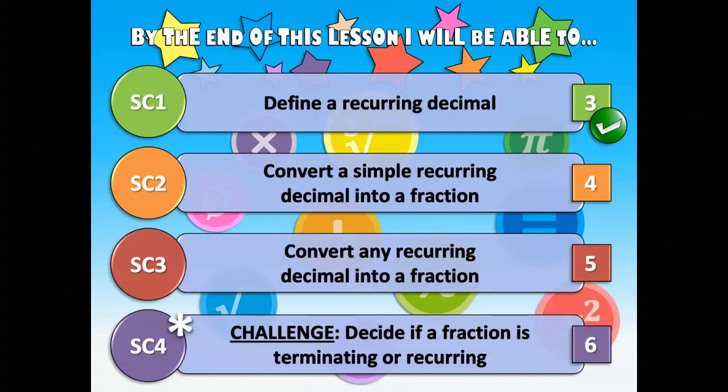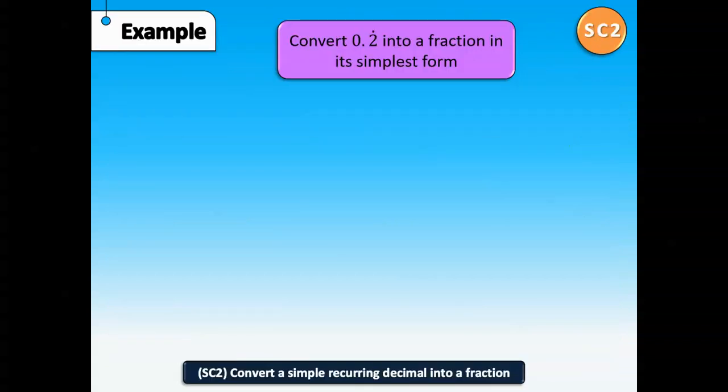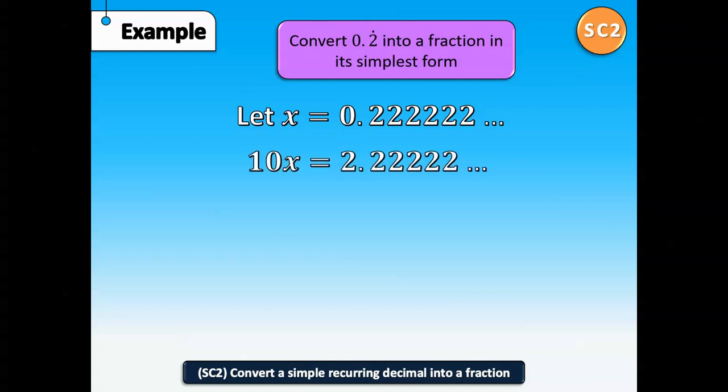So now we're going to move on to number 2, and this is to convert a simple recurring decimal into a fraction. So we want to convert 0.2 recurring into a fraction in its simplest form. So if we let x be 0.2 recurring, that means that 10x is 2.2 recurring because we've times it by 10.